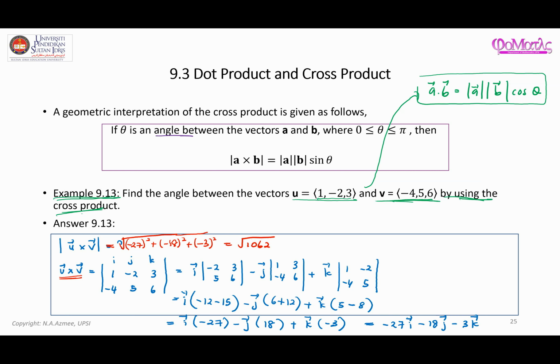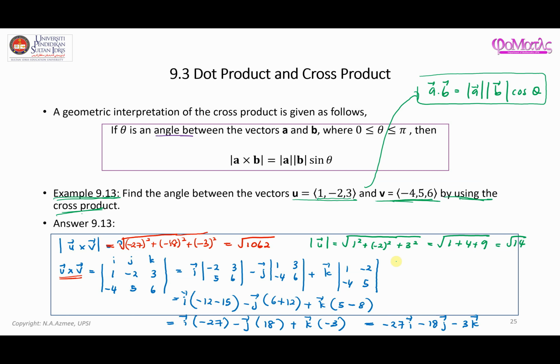Okay, next we can go on and find the magnitude of U. So the magnitude of vector U is 1 squared plus -2 squared plus 3 squared, and that will be 1 plus 4 plus 9, which is just equal to square root of 14.